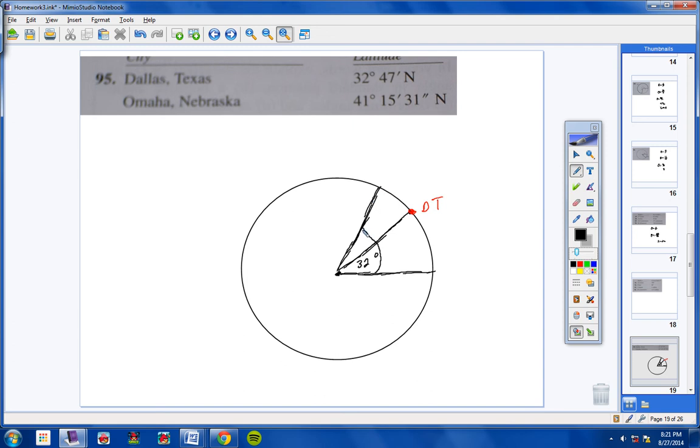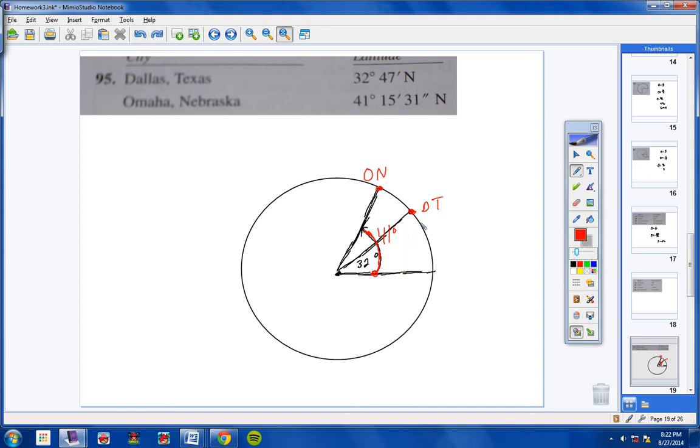So that whole angle, let me put it in red for you to see, from here all the way up to here is approximately 41 degrees. And so this little point here is going to be Omaha, Nebraska. Do you see what I did there, students? From here to here is approximately 32 degrees, and from here to here is approximately 41.